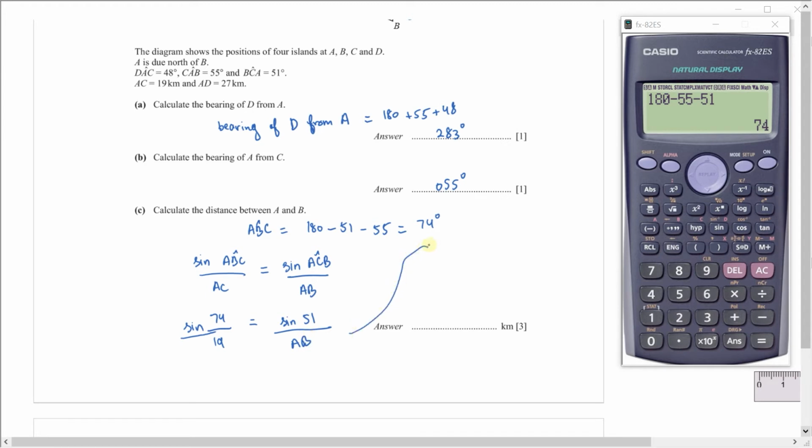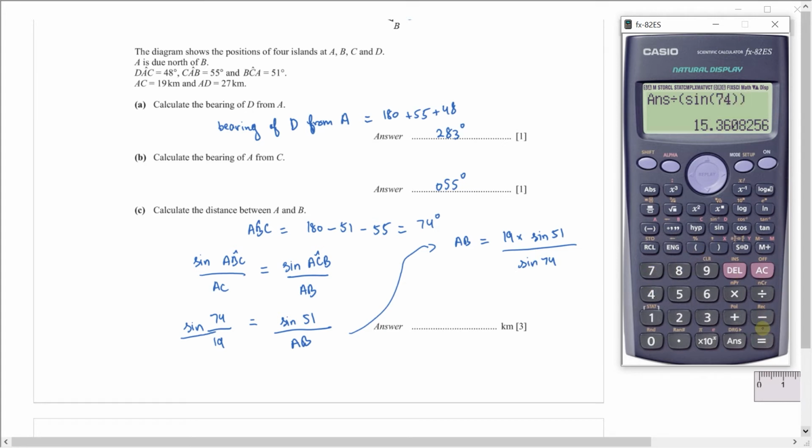So let me continue up here. This will give me AB. If I cross multiply, 19 will be multiplied by sine of 51, and then this will be divided by sine of 74. So let's calculate this. Sine of 51 multiplied by 19 and then divided by sine of 74.